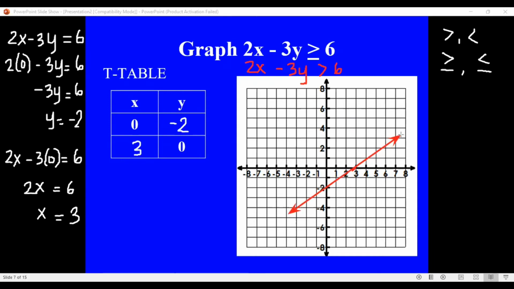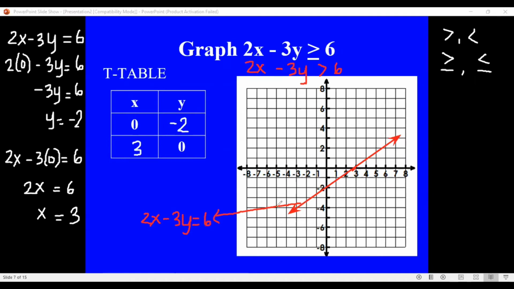We need to understand now that this line separates the greater than from the less than. Again, this line that we have pertains to 2x minus 3y is equal to 6.